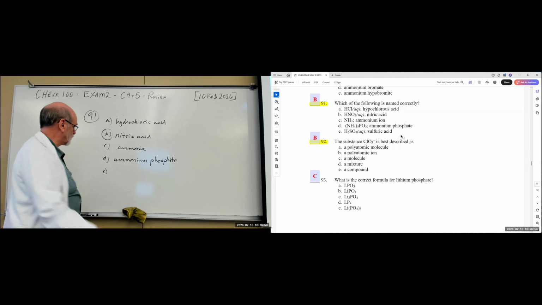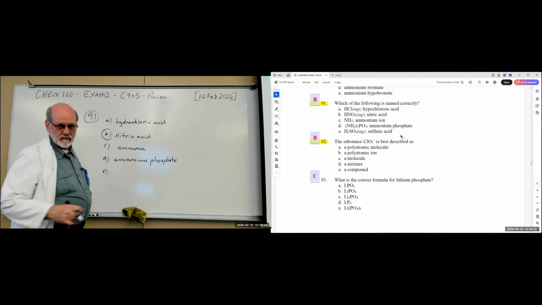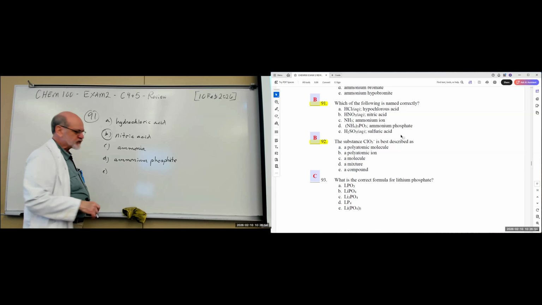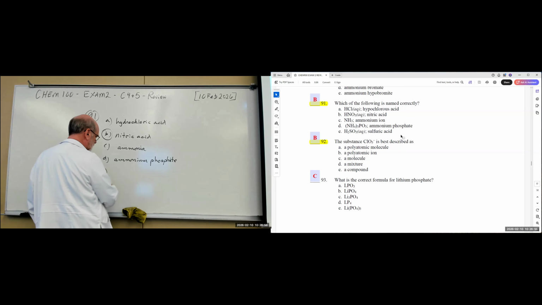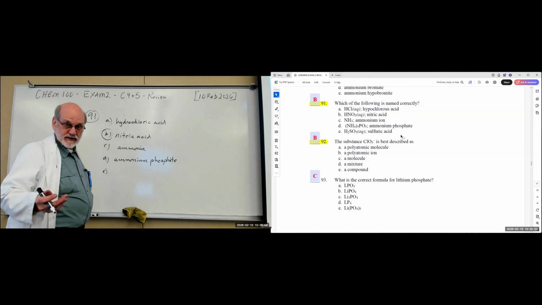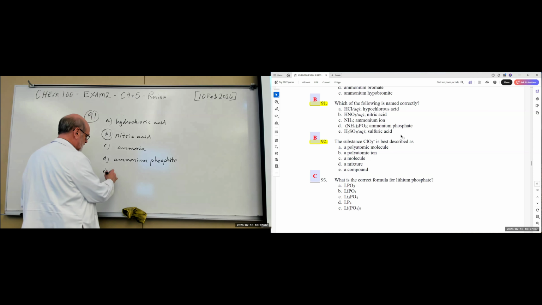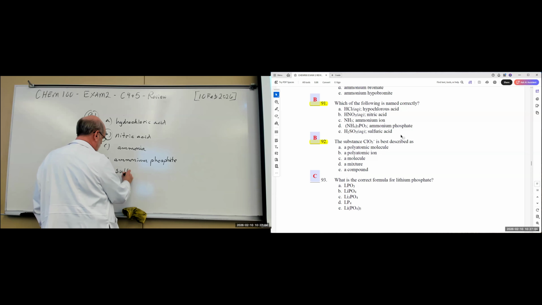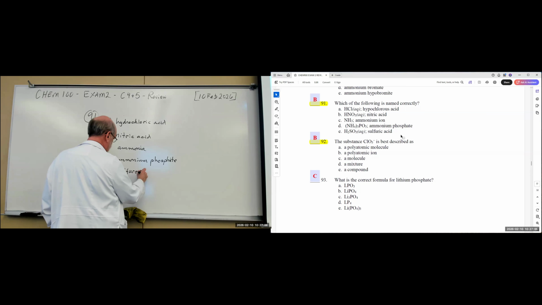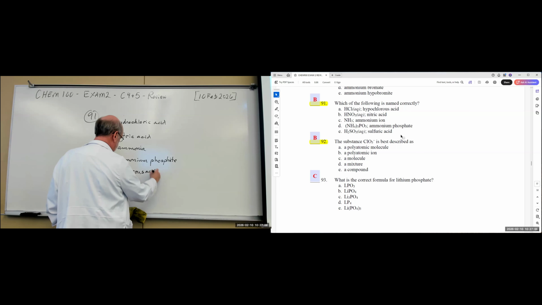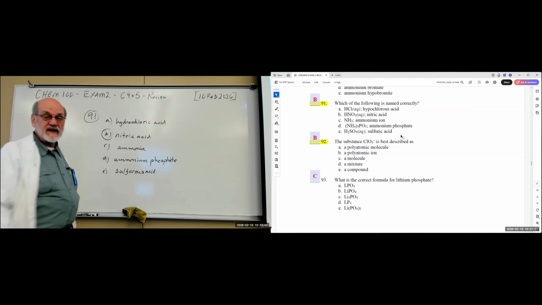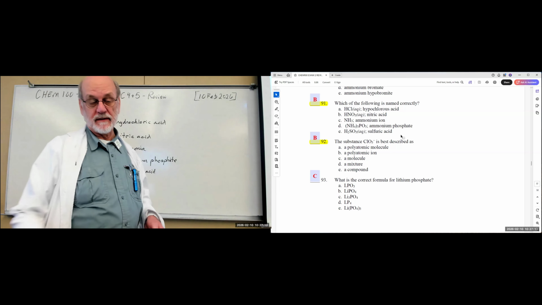Right? So that one's wrong. And the last one, H2SO3. Right? SO3 is sulfite. Ite becomes ous. Sulfurous acid. There you go. So B is the only one that's correctly named.